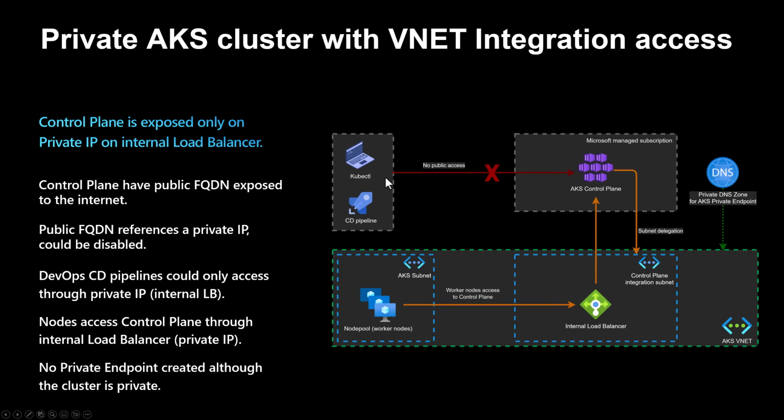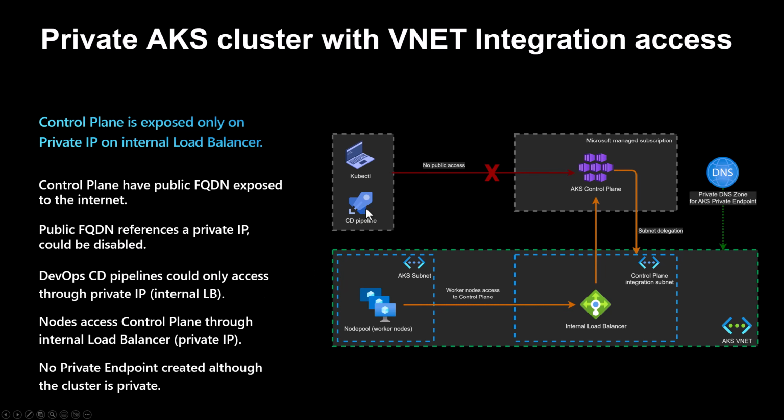So the public access that was possible through the VNet integration with a public cluster is no more available. We don't have a public IP that exposes the control plane. This control plane still has a public FQDN exposed to the internet, but that actually references a private IP. And because this is a private cluster, that public FQDN could be disabled.